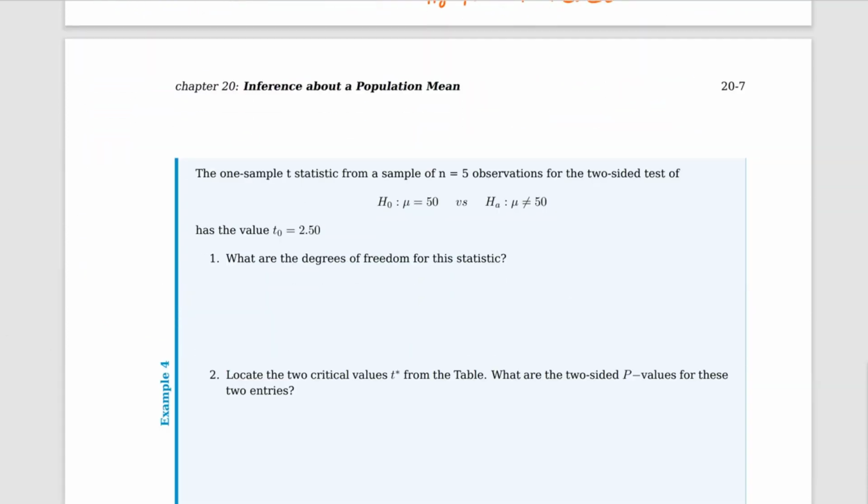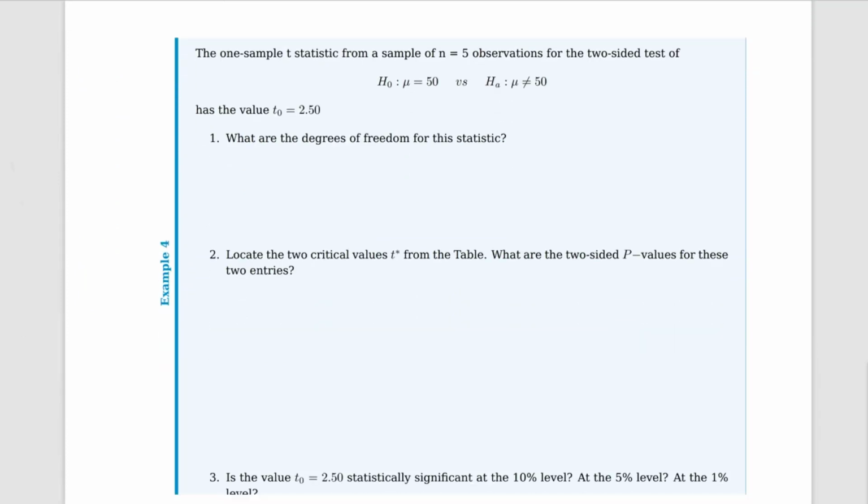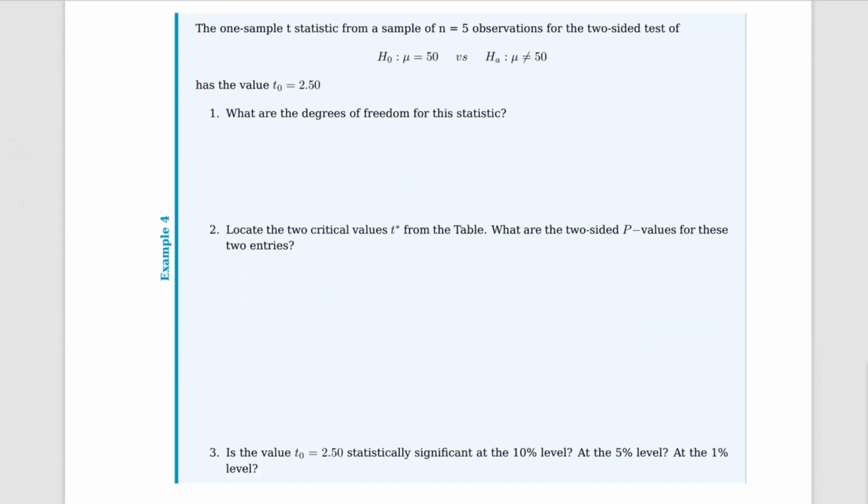If not, let me explain this one. The one sample statistic, this is a two-sided test and n equals 5. And T naught is this. What is the T naught? That is the test statistic, right? Then they are asking for the degrees of freedom.